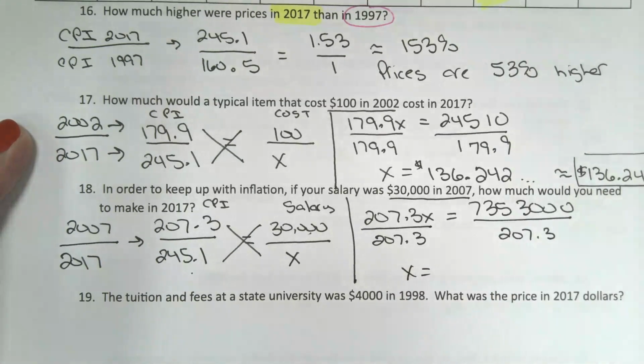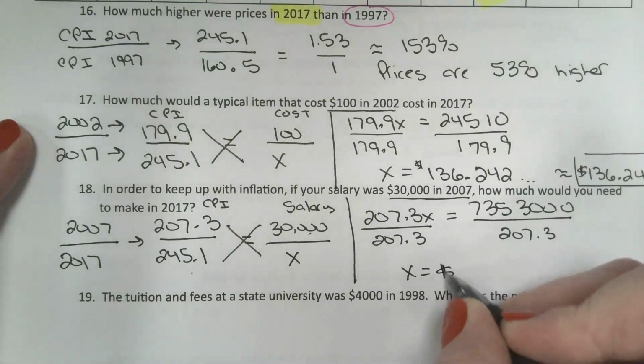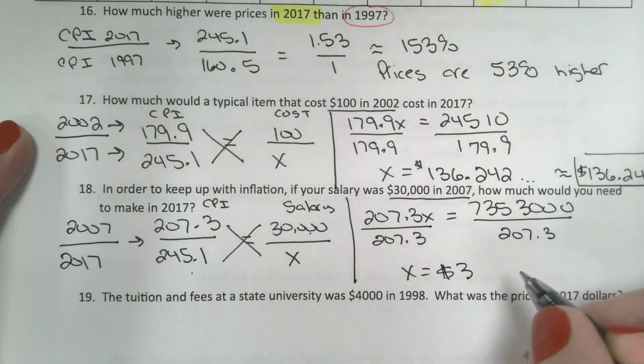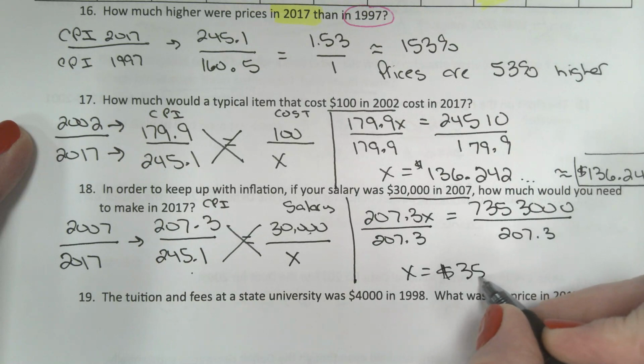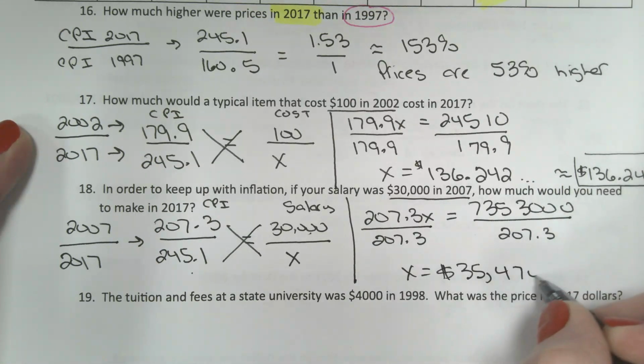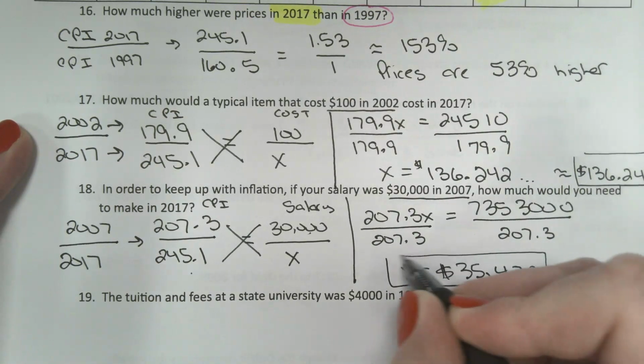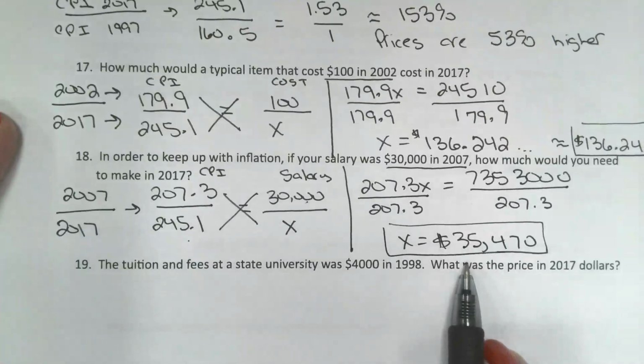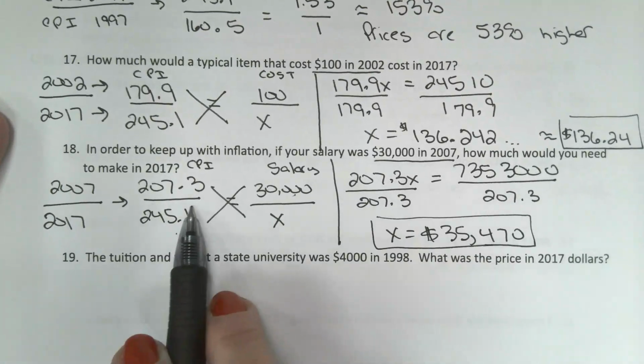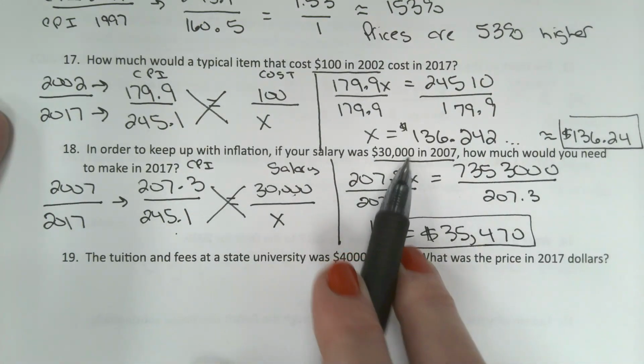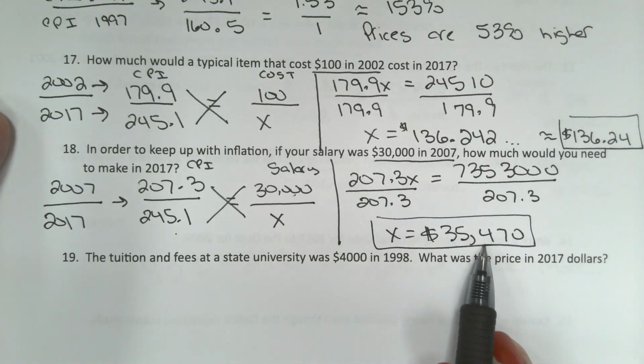This one I did in my calculator earlier, and it is $35,470. So if you made $30,000 in 2007, that would be the exact same thing as making $35,470 in 2017.